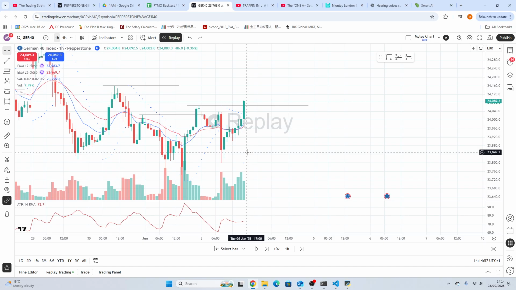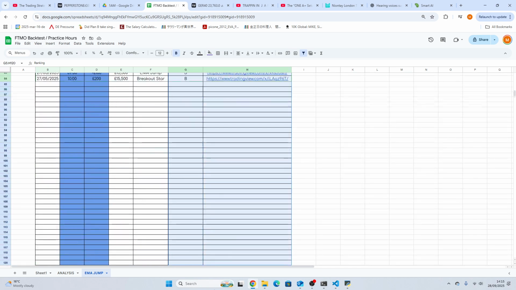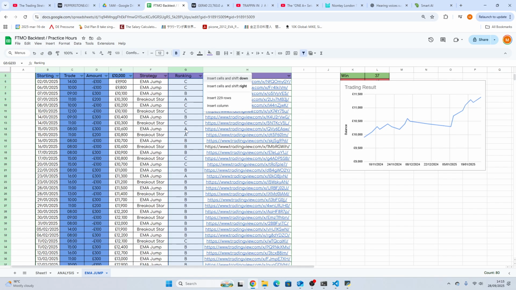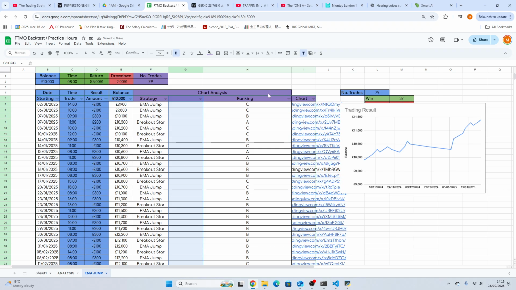I don't know, maybe off camera I might just write down what I'm looking for, confluences, just so I have that written down properly. Maybe even switch this up. You know, how I'm thinking is I can have another shift to the right. That's not what I wanted to do.